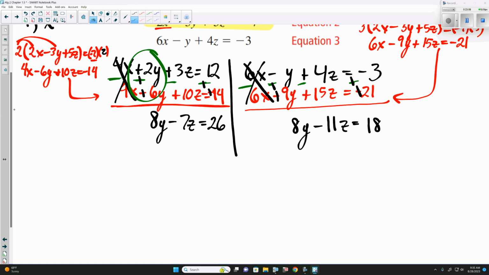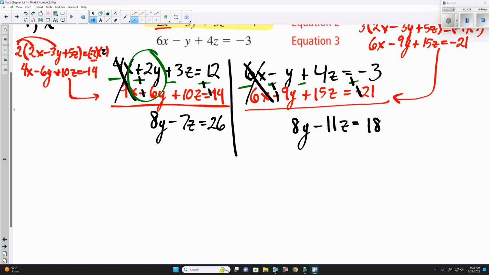So looking at between y and z, the easier of the 2 would be z, correct? No. Yeah, y would be easiest for this one here, yes? Because what's the value in front of both y's? It's already the same. I don't have to do anything to either equation to get the values of y to be the same. The number is in front.